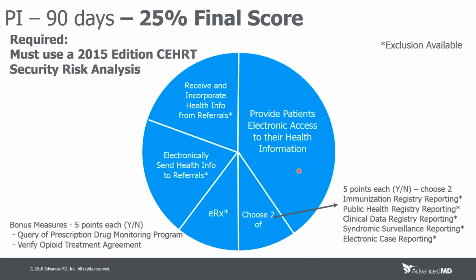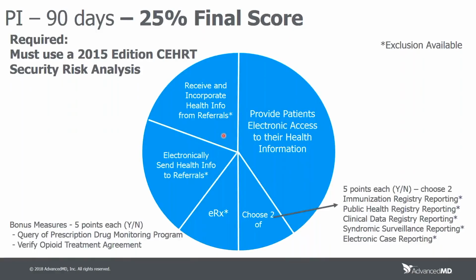The first one, the biggest slice of the pie, is provide patients electronic access to their health information. So that's, are you giving your patients access with the patient portal? The next 2 in size deal with health information exchanges. So some of this is familiar. We've already been working with it in the past. One is electronically send health information to referrals.